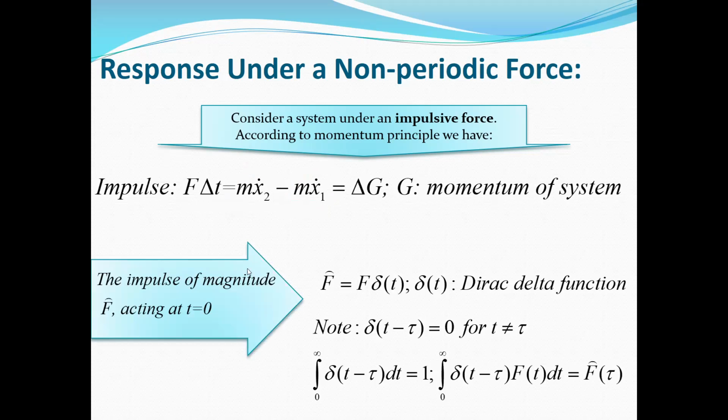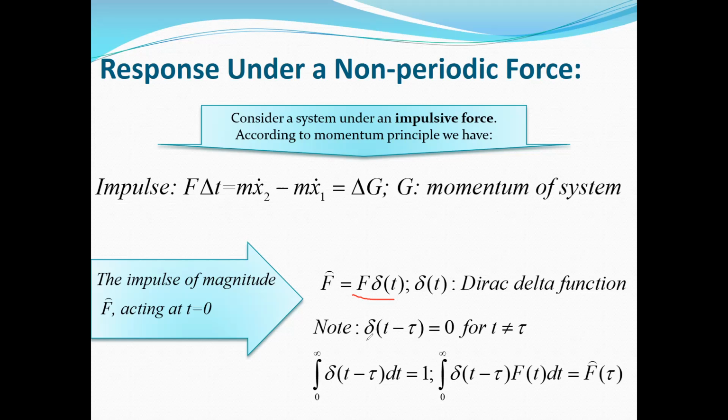Now the impulse of magnitude F, we can assume, is acting at t equal to 0. So F is equal to F times delta t, where you know from mathematics that delta t is the Dirac delta function. In the definition, delta t has an infinite value at t equal to 0, and it's equal to 0 for other times.